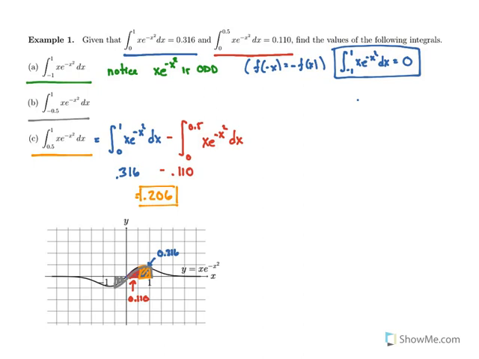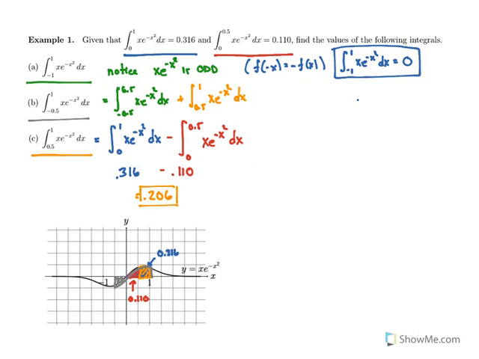There are a lot of different ways we could go about finding this value, but I'm going to use the fact that this is equal to the integral from -0.5 to 0.5 of x e to the negative x squared dx plus the integral from 0.5 to 1 of x e to the negative x squared dx.